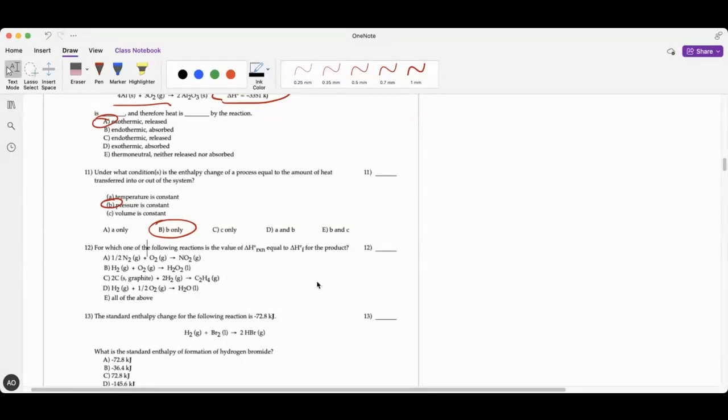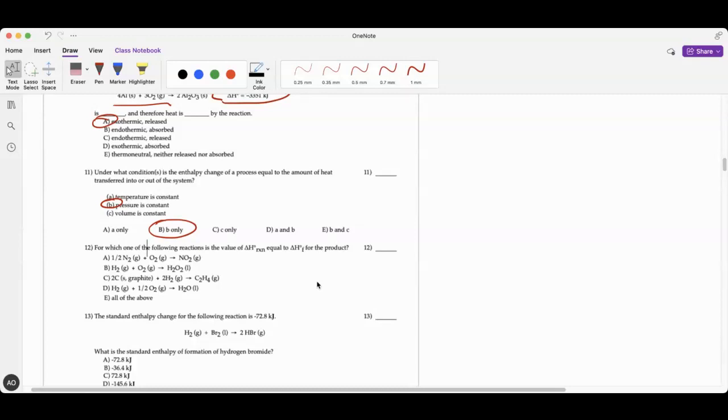So it'd be one of these reactions, A, B, C, D, or E. What do you guys think? Okay, well, let's take a look.